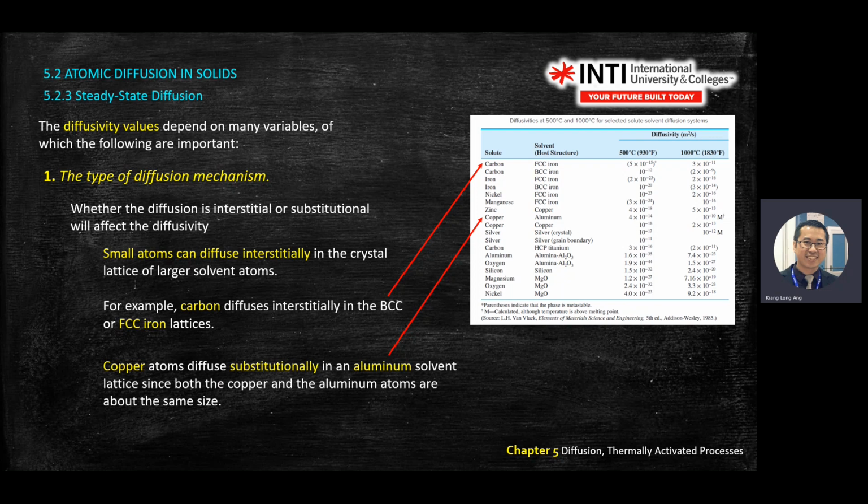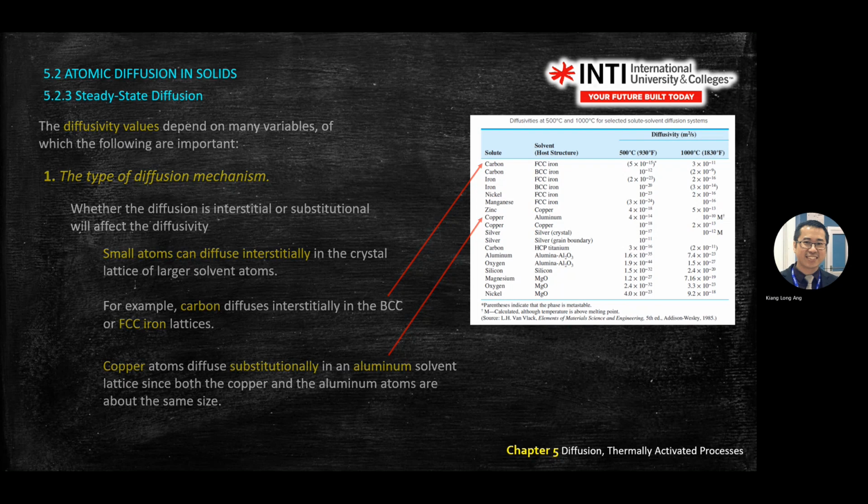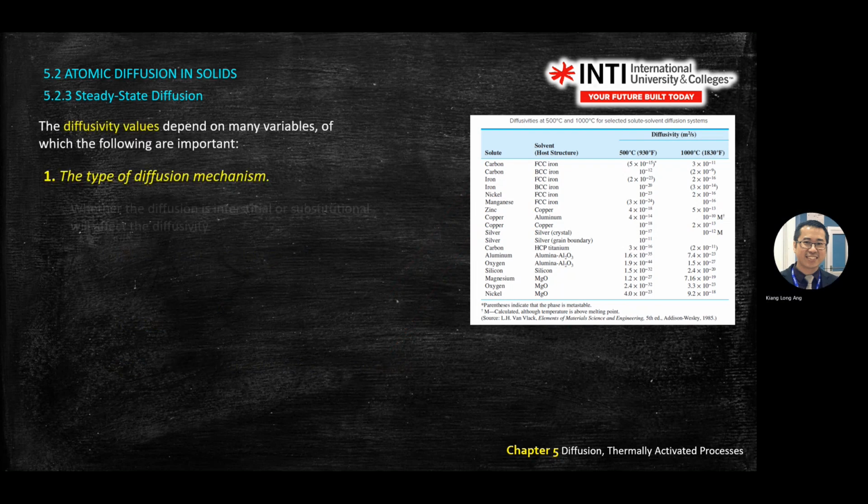When you talk about atomic radius, between R, from that table you can know which mechanism can be used. If the R is small, then you use interstitial diffusion. If it is almost the same, then we use substitutional.